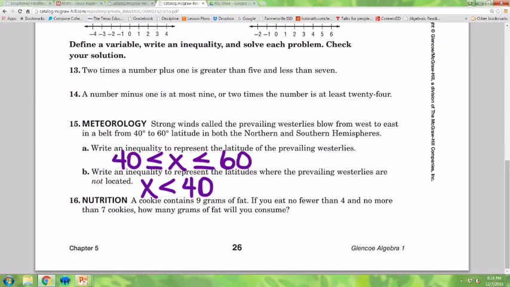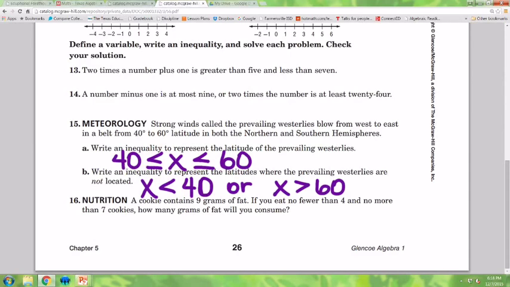That would be the complete opposite of the first part. Or we could say that x has to be greater than 60. So we're saying that the degrees could be anything less than 40 or anything above 60. That would be the complete opposite of Part A.